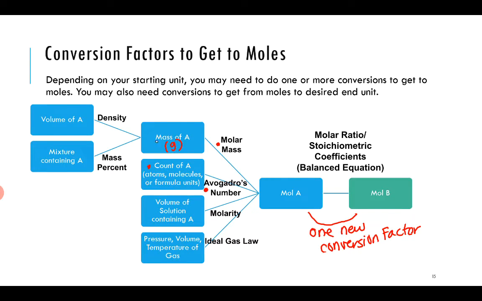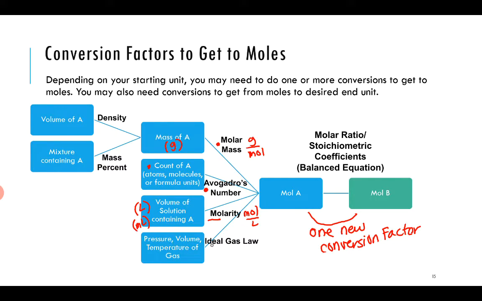Both of those were covered in chapter 5. You can also be starting with a volume. So if you're starting with a volume like liters or milliliters, then you can use the molarity in order to get into moles, because molarity has units of moles per liter. Molar mass has units of grams per mole.